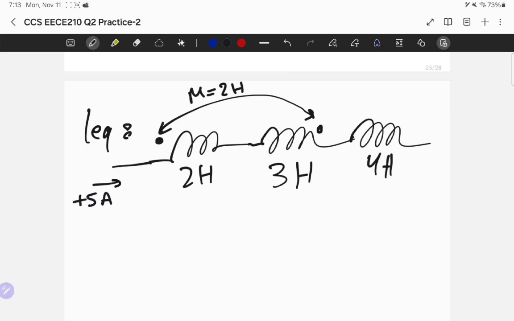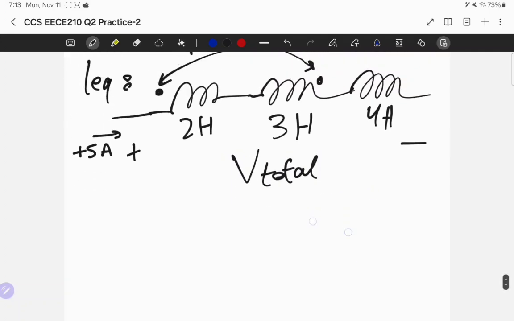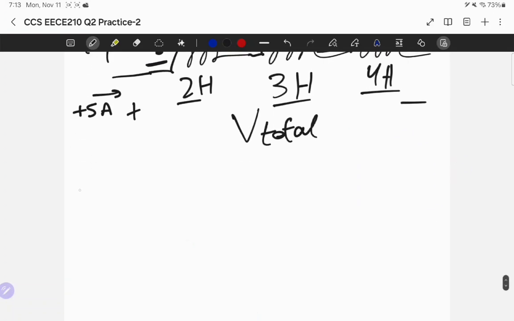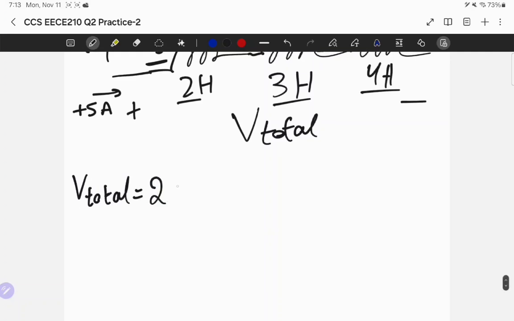The way I find L equivalent is to get this V total in here. What's V total? It's the voltage across the 2 Henry, the 3 Henry, the 4 Henry, and the mutual related to the 2 Henry and the mutual related to the 3 Henry. So V total is, the 2 Henry one is easy. 2, so I'm gonna say 2I, whatever I is.